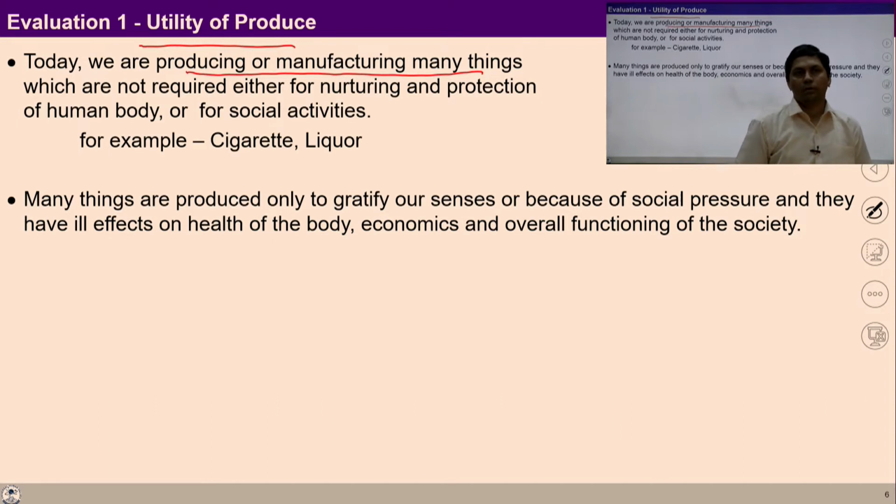If I recall the previous lectures on production, we studied the goal of production: physical facilities are required to be produced for nurturing, protection and right utilization of the body. In that context we are evaluating the present production processes.